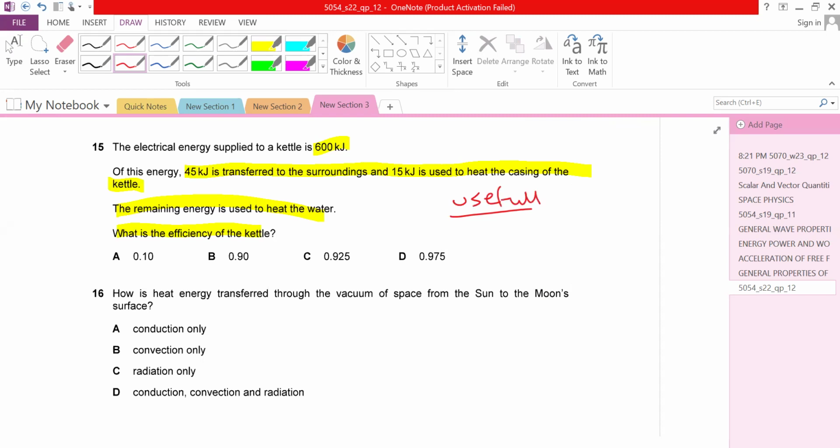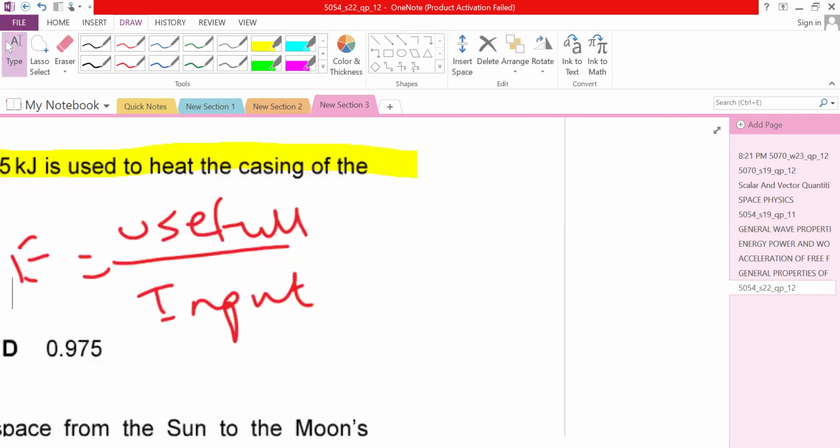useful divided by input equals efficiency. Now let's put the values.